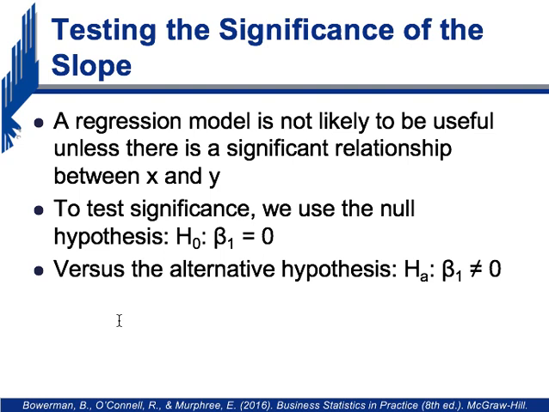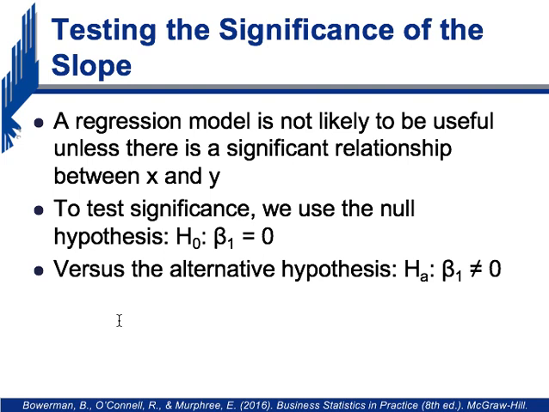Because we know that if the slope of a line is equal to 0, it means that the line is horizontal, parallel to the x-axis, which denotes that regardless of the change in the value of x, there is no corresponding change in the value of y.